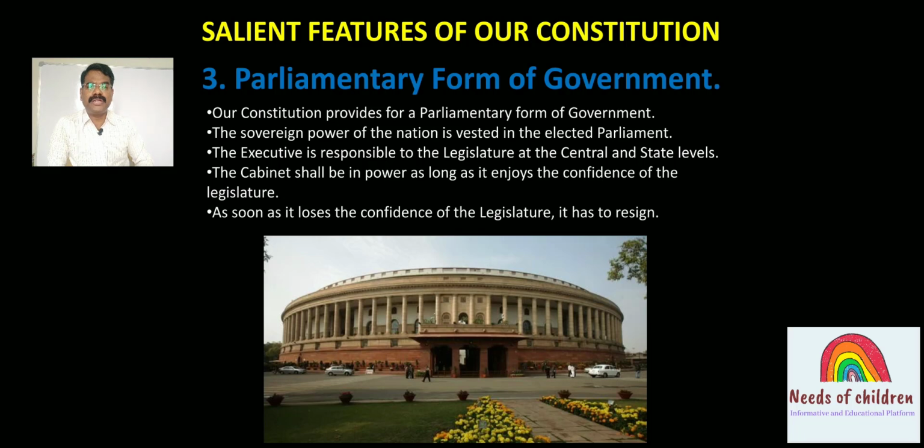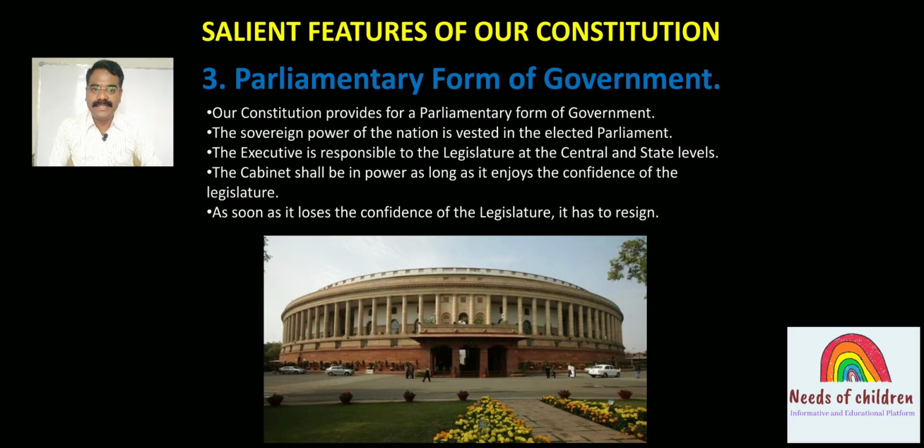And the third one, parliamentary form of government. Our constitution provides for a parliamentary form of government. The sovereign power of the nation is vested in the elected parliament. The executive is responsible to the legislature at the central as well as state levels.